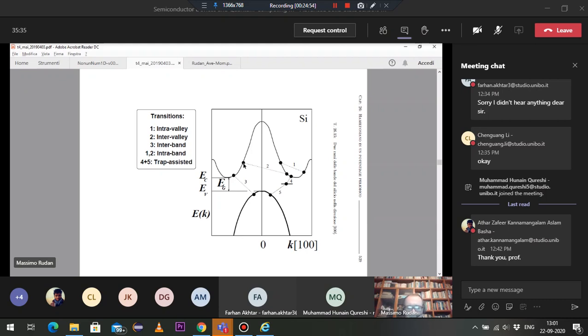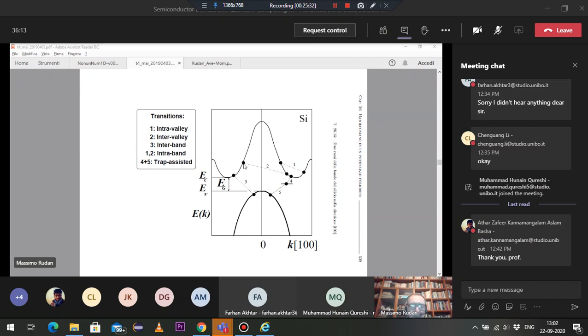This means that there is an electron whose k vector is the value along the horizontal axis, and the energy is this one on the vertical axis. If you take a picture of the crystal, there is one electron that possesses this momentum and energy. It may happen that the electron is subjected to an external perturbation.